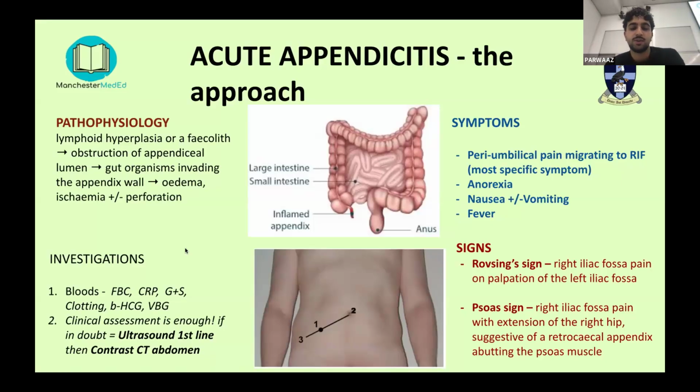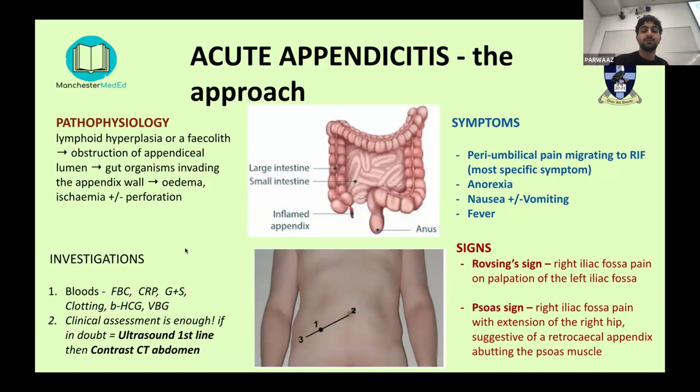Scanning wise, you can do ultrasounds for appendicitis, but usually clinical diagnosis is fine. So if you see a young person with right iliac fossa pain, they've been off their food and they're vomiting and have nausea, it's okay to go ahead without doing an ultrasound.